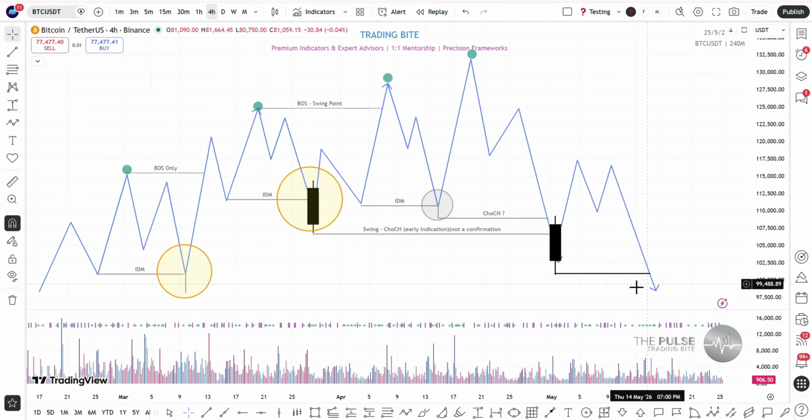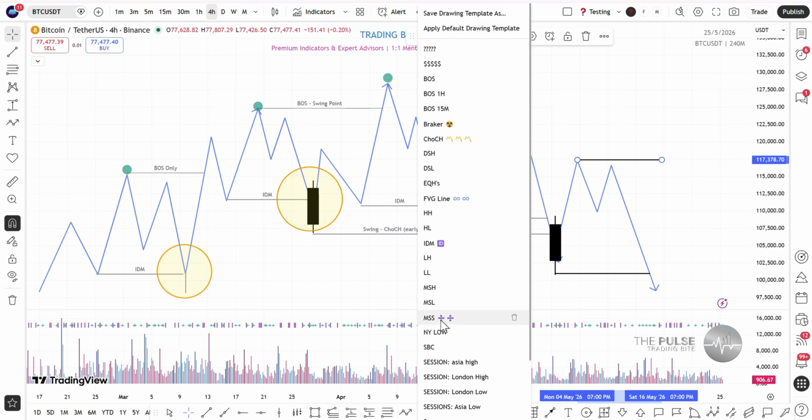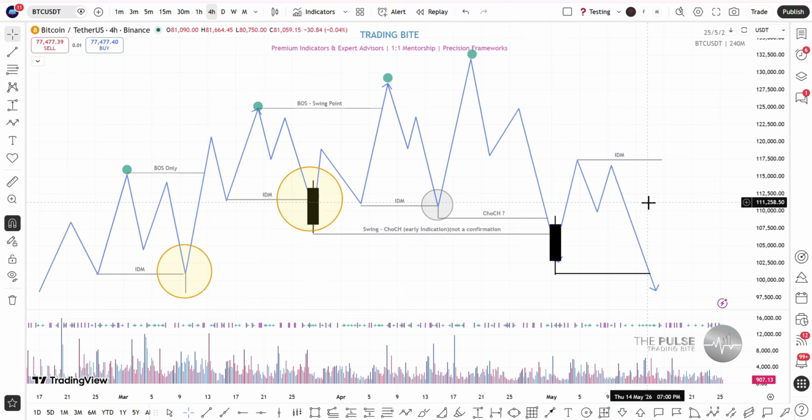Here it closed, and then according to this low, this would be our inducement level. You can call this a simple swing, or we call it an inducement level. To get the confirmation, we have to wait for the market to take this liquidity, this inducement.